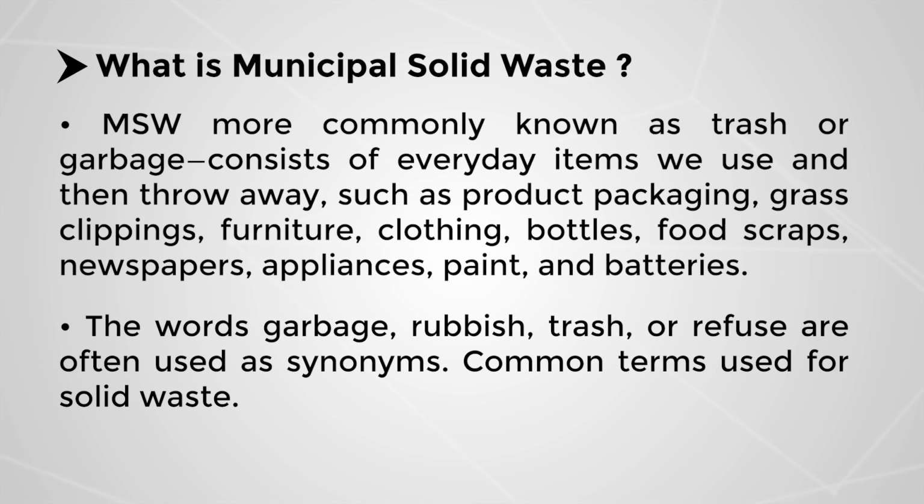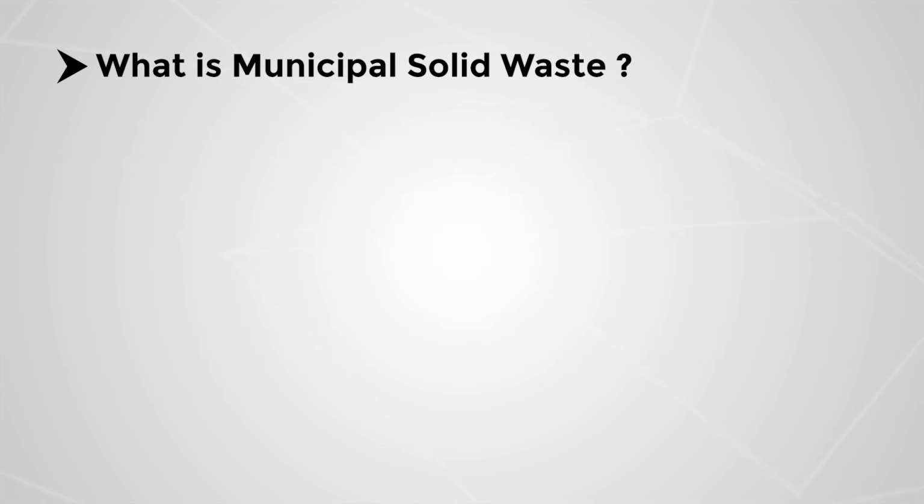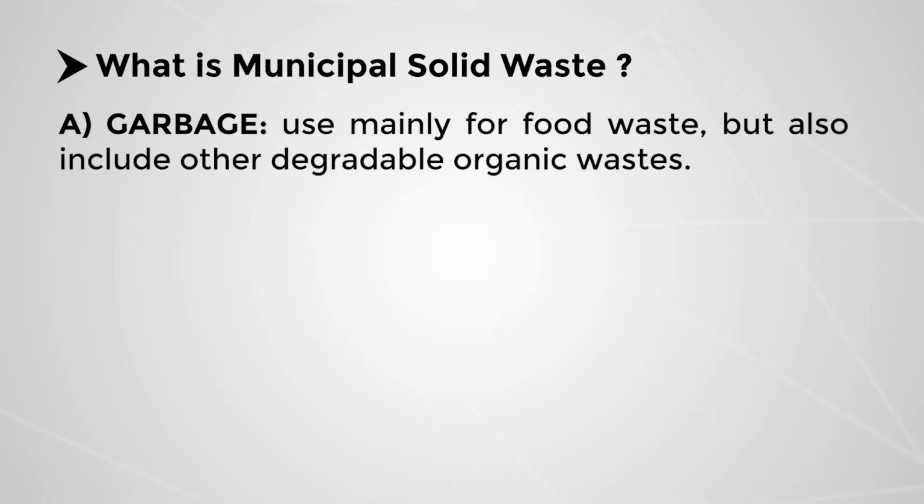The words like garbage, rubbish, trash, refuse, sometimes we use as synonyms, but in actual sense, each and every word has its own meaning. Garbage is used mainly for food waste, but also includes other degradable organic waste.